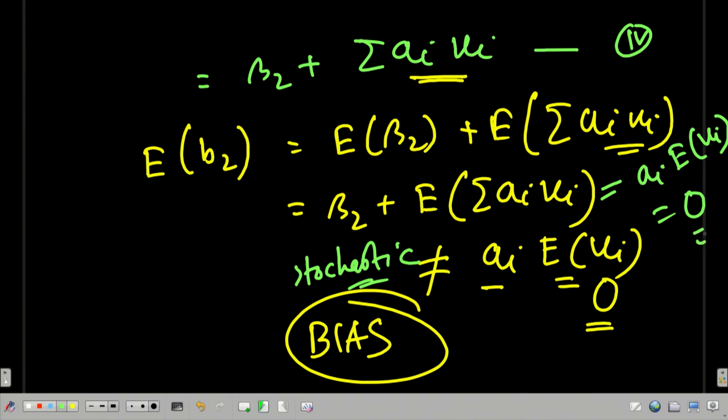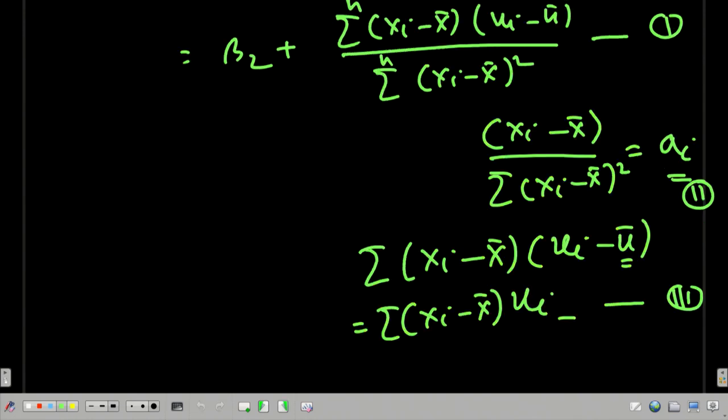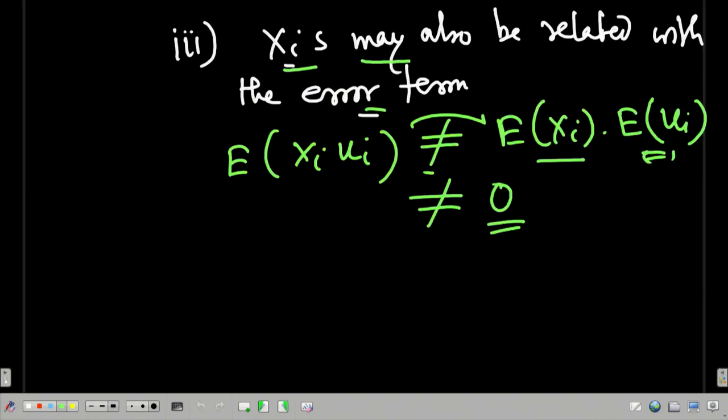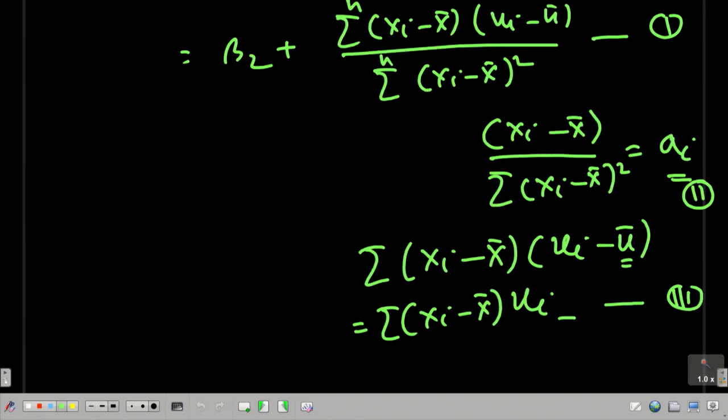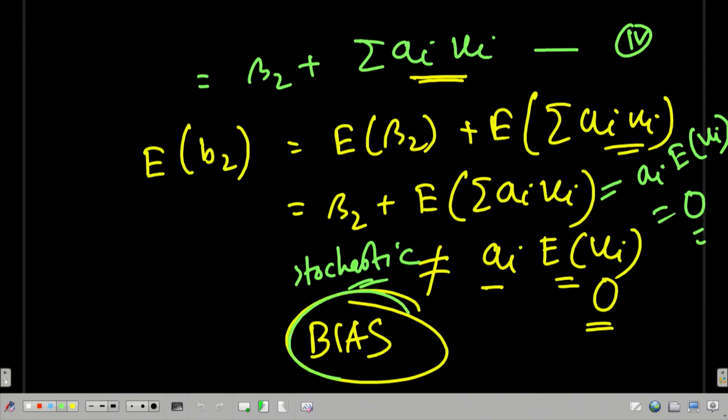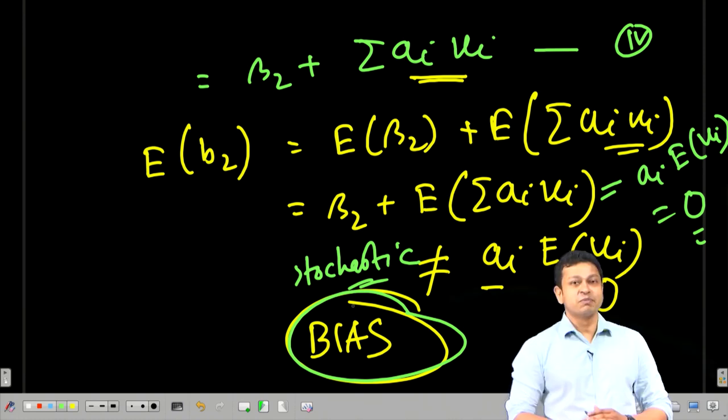So essentially that is the problem. The moment you have x_i correlated, covariant with the error term, you have a bias term, and the moment you have a bias term, your estimator is no longer going to be a BLUE estimator. You want a BLUE estimator, right? So it is not going to be the best anymore.